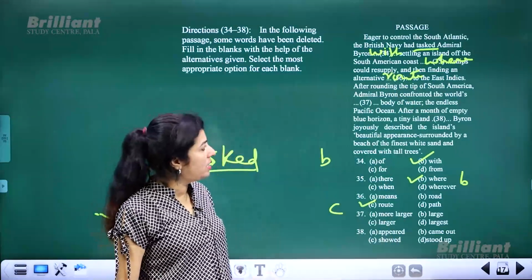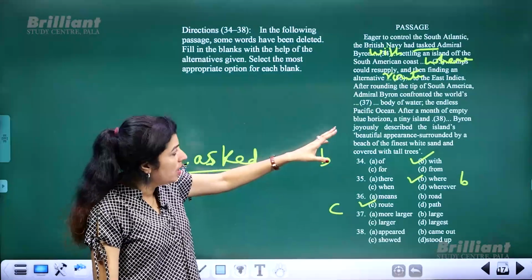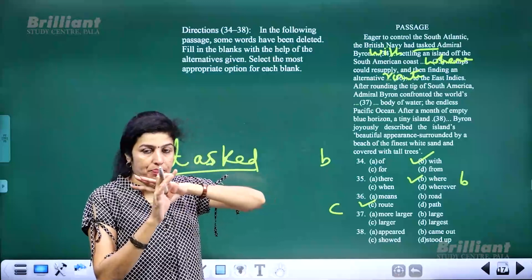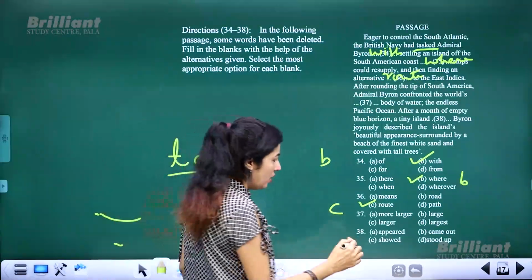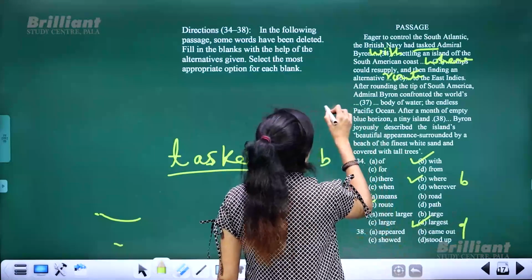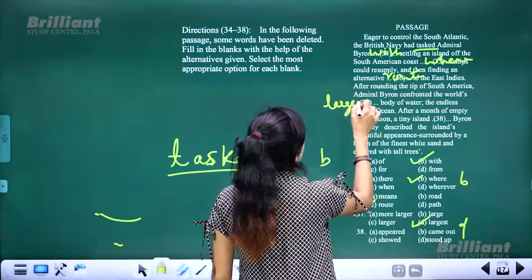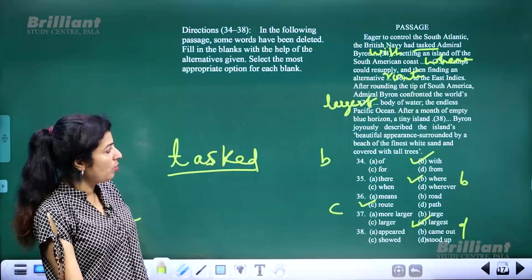After rounding the tip of South America, Admiral Byron confronted the world's. World's means the superlative degree. So the world's largest, option number D, world's largest body of water, that is the endless Pacific Ocean.